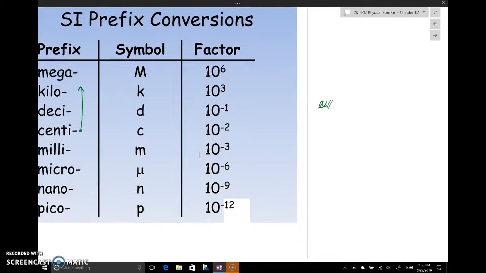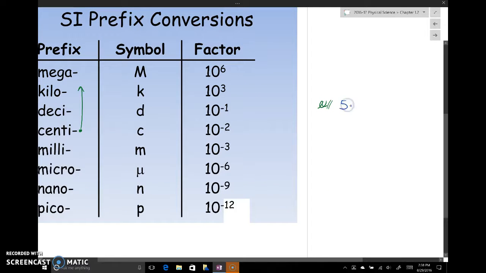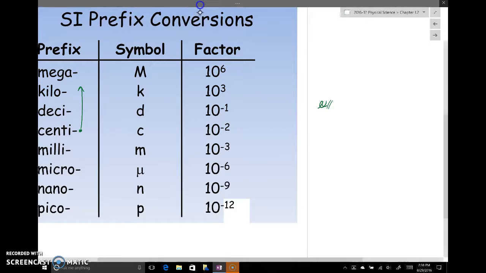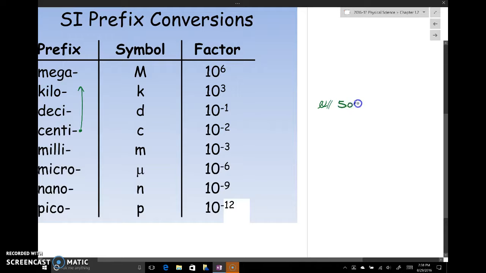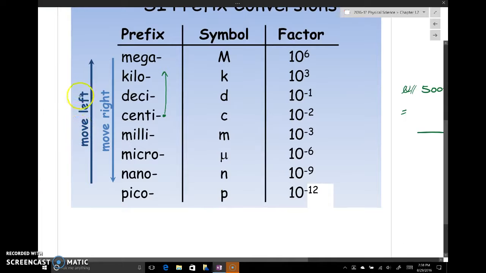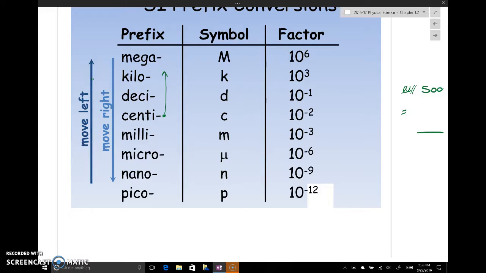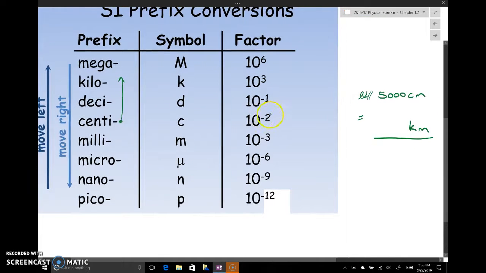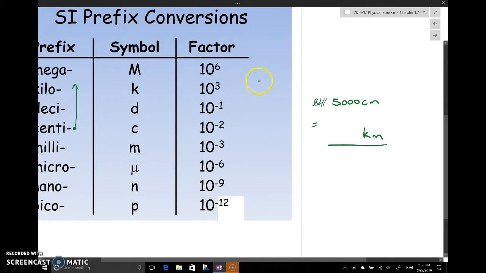let's say we have 5,000 centimeters, and we want to go to kilometers. So we know we're going to be moving the decimal place to the left because we're going up the list. We just need to figure out how far away that is on the list. In this case, we're going from -2 to 3.